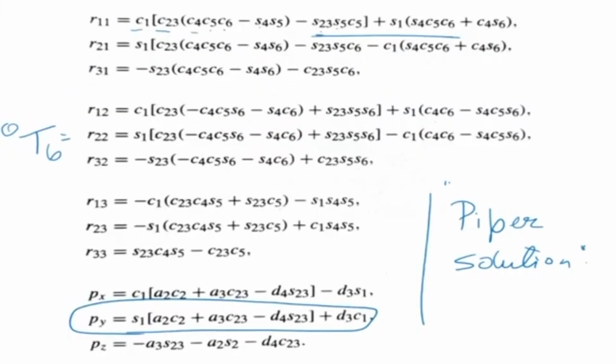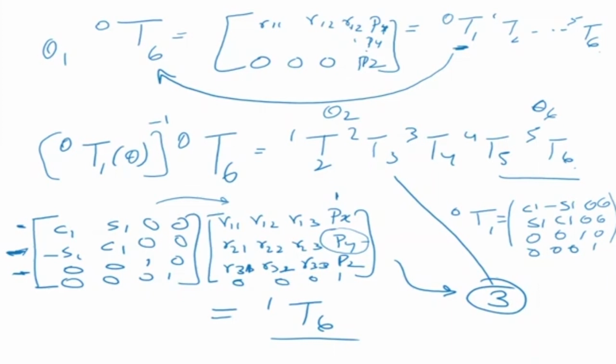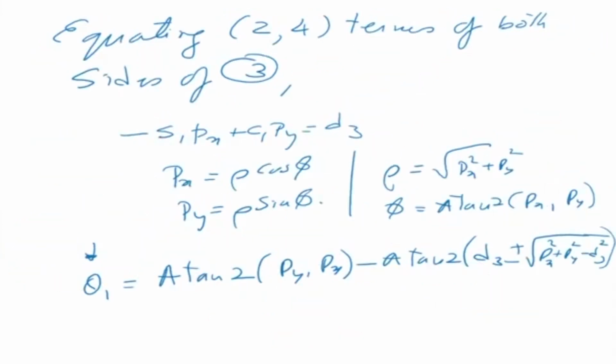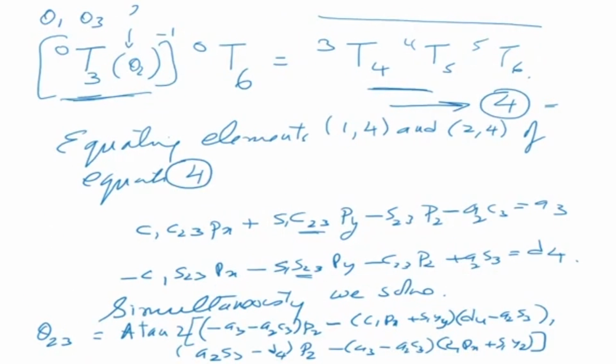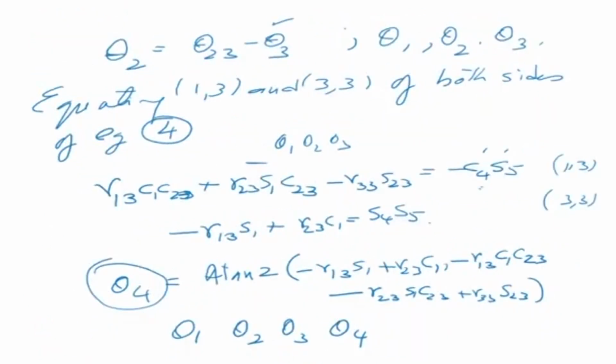From 0 to 6, I removed theta 1, so on the right hand side we did not have theta 1, and then we solved for theta 1 by observing that this term py is equal to d3. Then we solved for theta 3, and after getting theta 3, we solved for theta 2. Then we got theta 4, then 5, then 6 in that order.